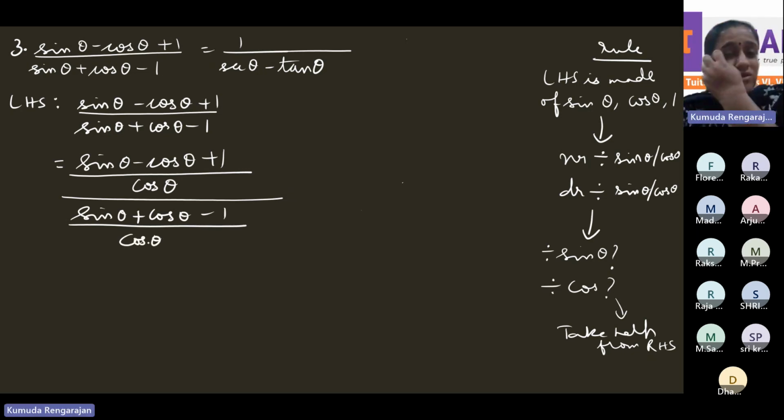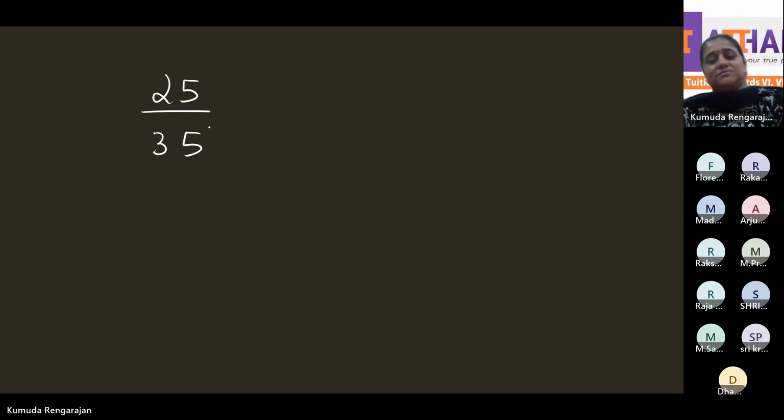See, now you'll be wondering what is this, dividing both the numerator and denominator by cos theta? You know what? We've been doing that since at least 4th standard. See, now when we have 25 by 35, what do you do, children? How do you simplify this?